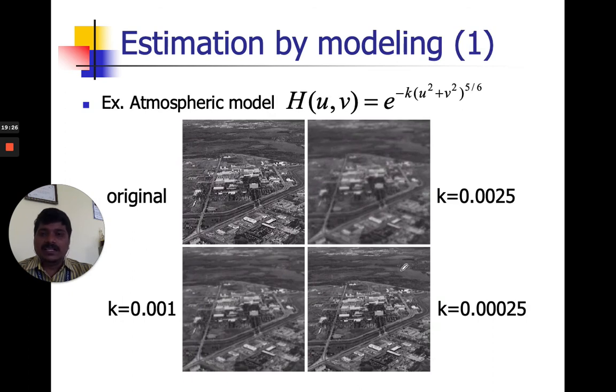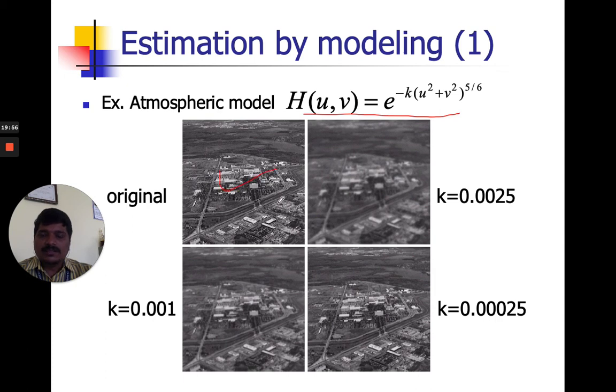Now the estimation by modeling method. Here we can estimate with H(u,v) equals e to the power of minus k times (u squared plus v squared) to the power of 5/6. Based on this formula, we can easily go for the modeling method. This is the original image.